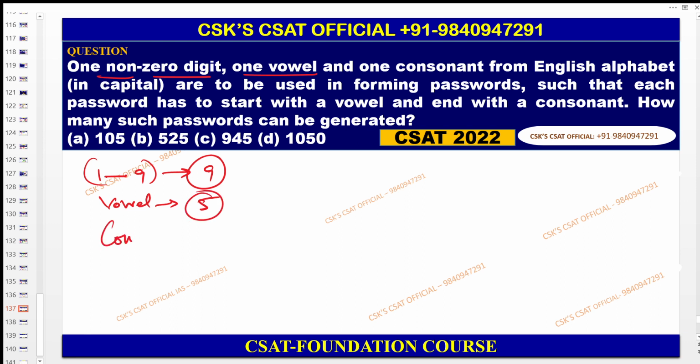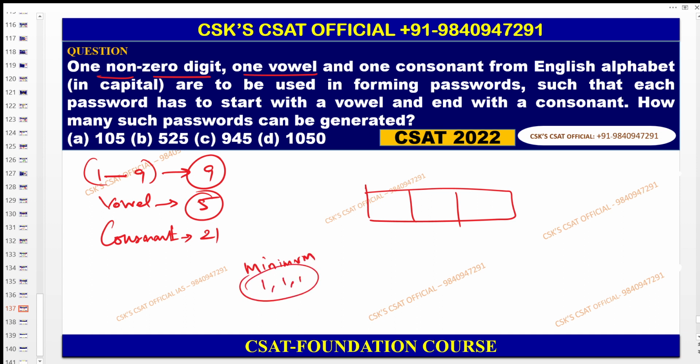First of all, take the consonant first. How many consonants will be there? 26 alphabets, vowels 5, leave that 5. So therefore 21 from the English alphabet are to be used in forming a password. So each carries 1, minimum 1 in each case.